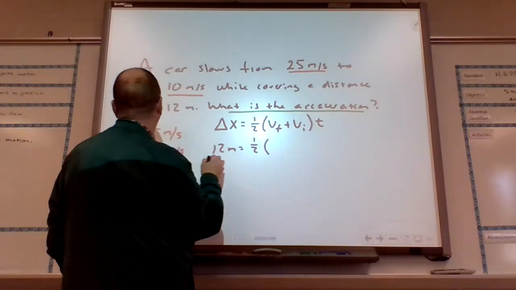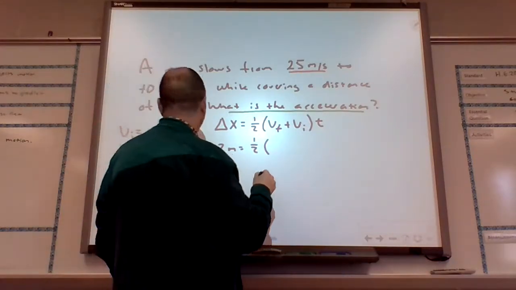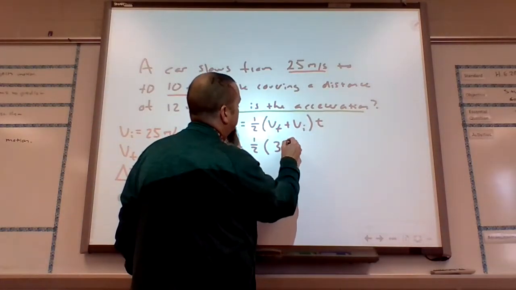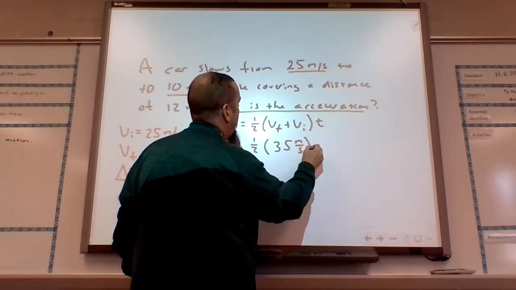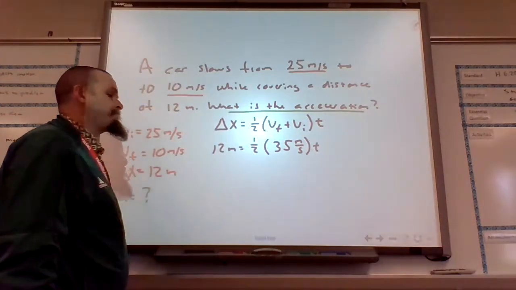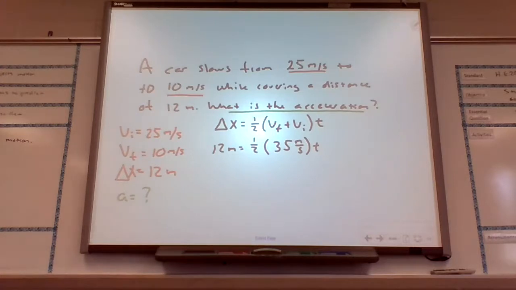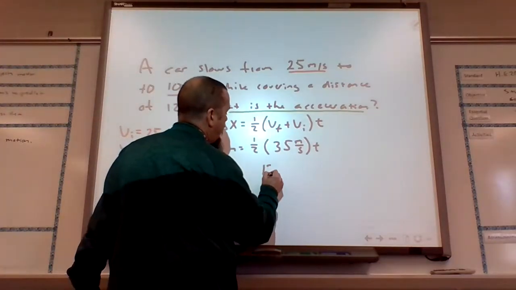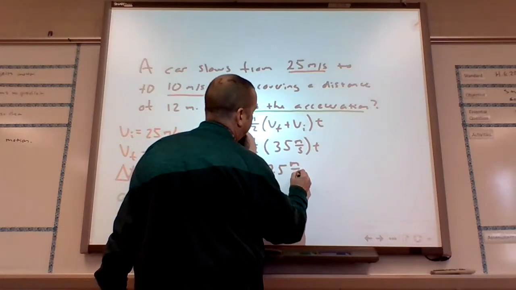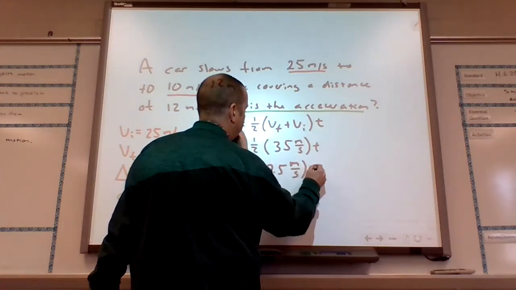That's 1/2 VF plus VI, 10 plus 25 meters per second. So 35 meters per second times t. So I would go ahead and I would simplify what I have on the right-hand side. 0.5 times 35 is 17.5 times t.